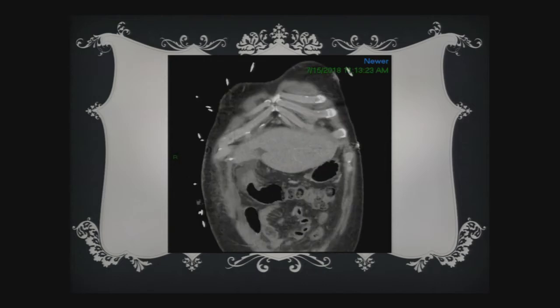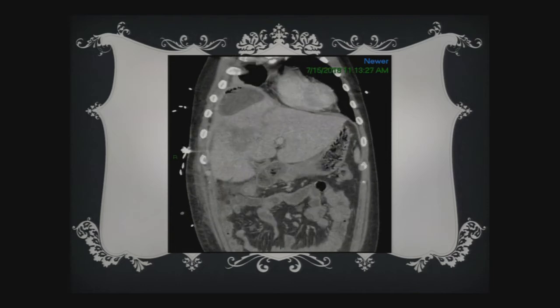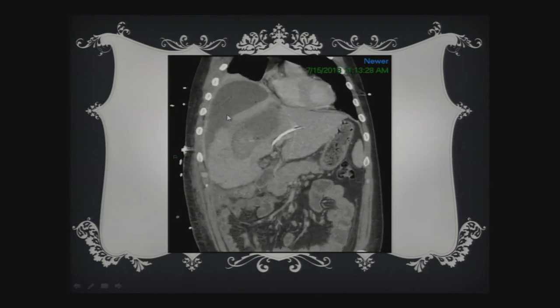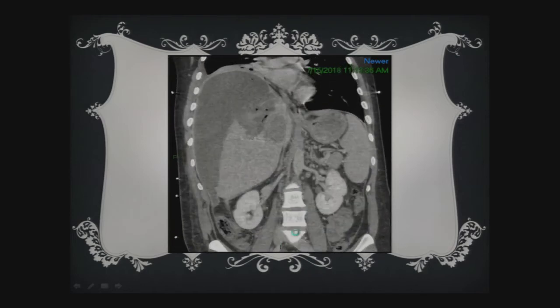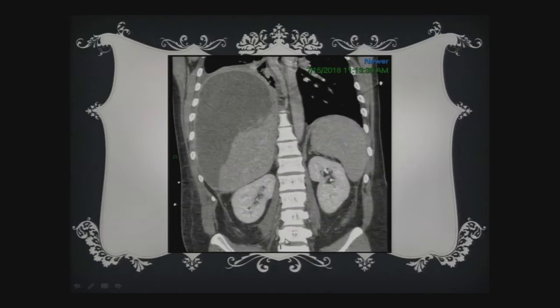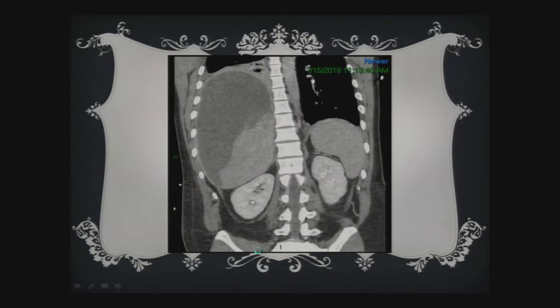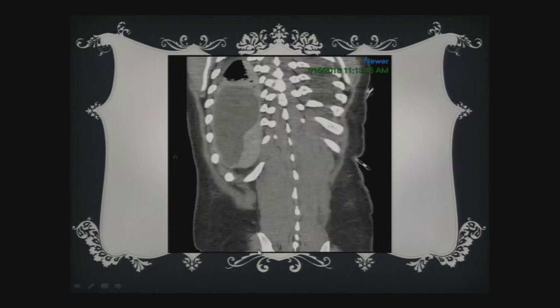Okay, and here's another view where you can see it's starting to, you can see a lot of air there. As well as obviously it's pushing up his right lung there as well. And he did complain of lots of pain throughout this process.